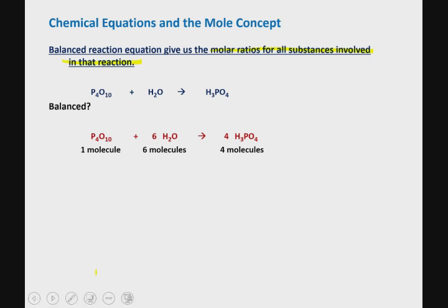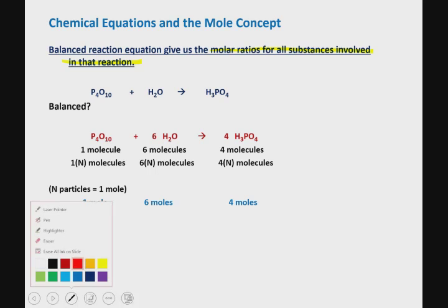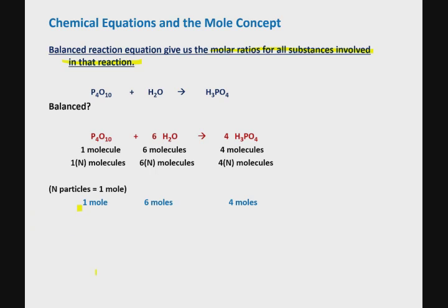So another way to look at the coefficients would be to say that 1 mole of P4O10 will react with 6 moles of water to produce 4 moles of phosphoric acid. So the coefficients in a balanced equation basically give us that molar ratio between the substances involved, either as reactants or as products, in a chemical equation.